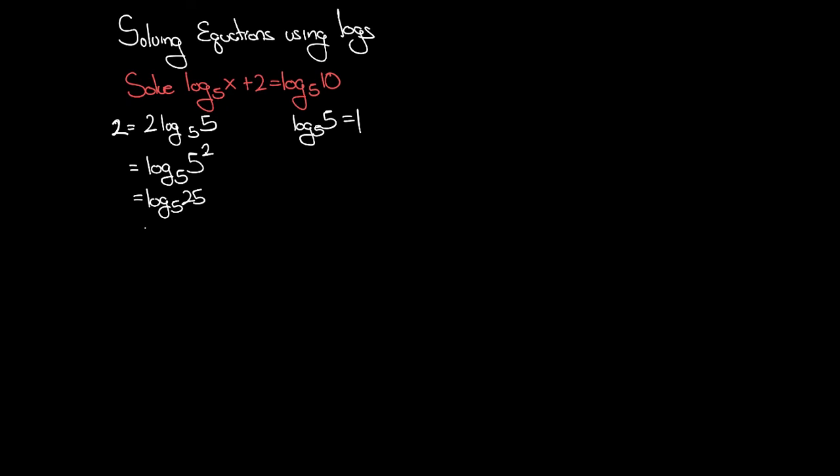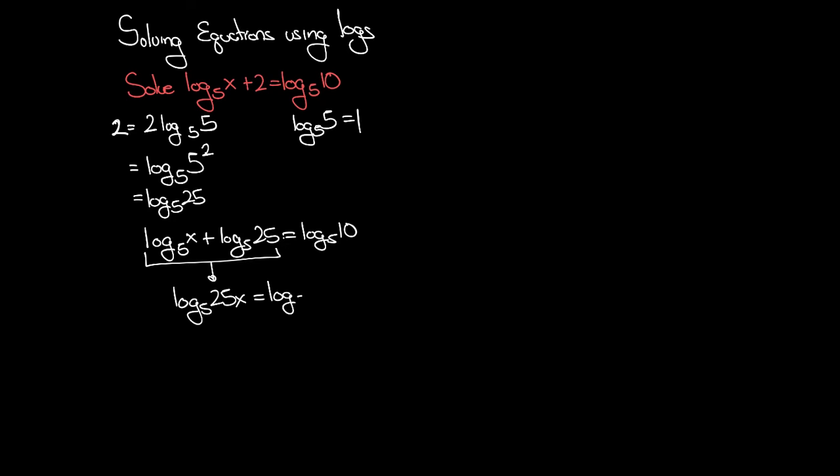Now the equation can be rewritten as the log base 5 of x plus the log base 5 of 25, and that's equal to the log base 5 of 10. We can now combine these two together. This gives us the log base 5 of 25x, and that's equal to the log base 5 of 10.